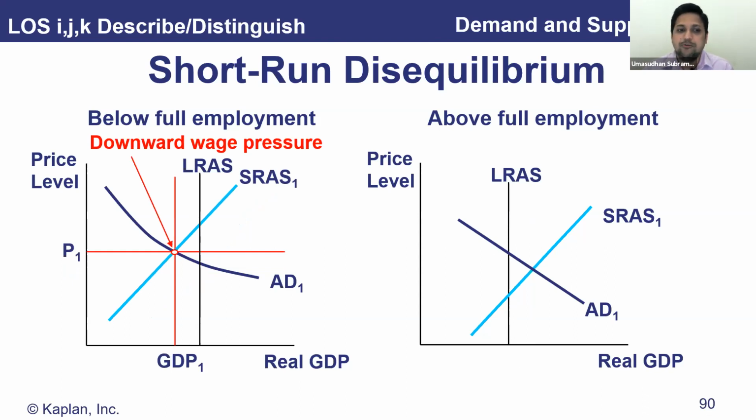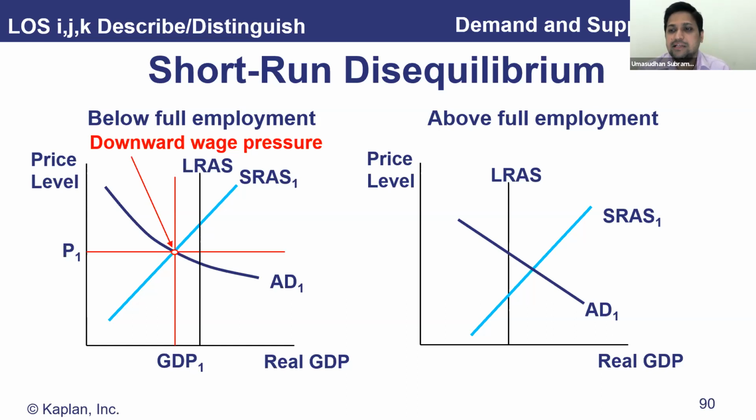Now at this point in time, is this equilibrium or disequilibrium? Disequilibrium is where your economy is above full employment GDP or below full employment GDP. That is what disequilibrium means in this context. So how will this economy be brought back to equilibrium?